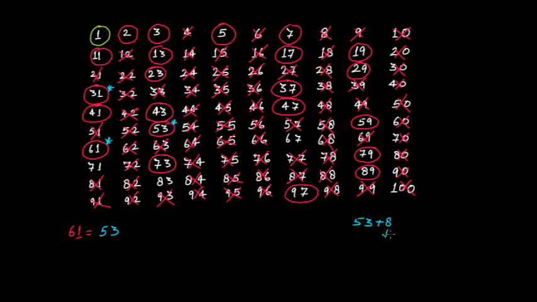If I write 8 as 5 plus 3, that's great, because 5 is an odd prime number and 3 is an odd prime number. If I add these two, I get 8, and when I add 8 to 53, I get 61. Hence, condition satisfied. So the three odd prime numbers are 53, 5 and 3, because if we add these three odd prime numbers, we get the result.